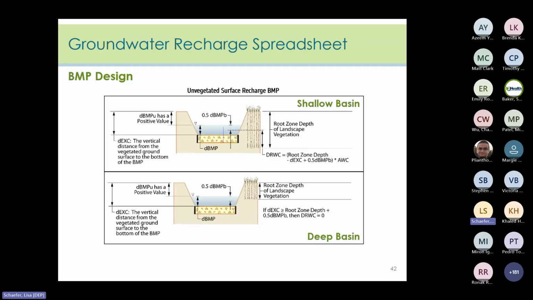The dBMPU, the vertical distance from the vegetated ground surface to the maximum water surface level in the BMP, is positive since the vegetated ground is above the maximum water level. The DEXC is the vertical distance from the vegetated ground surface to the bottom of the BMP, which is the full distance from the bottom of the BMP up to the ground level surrounding the BMP.